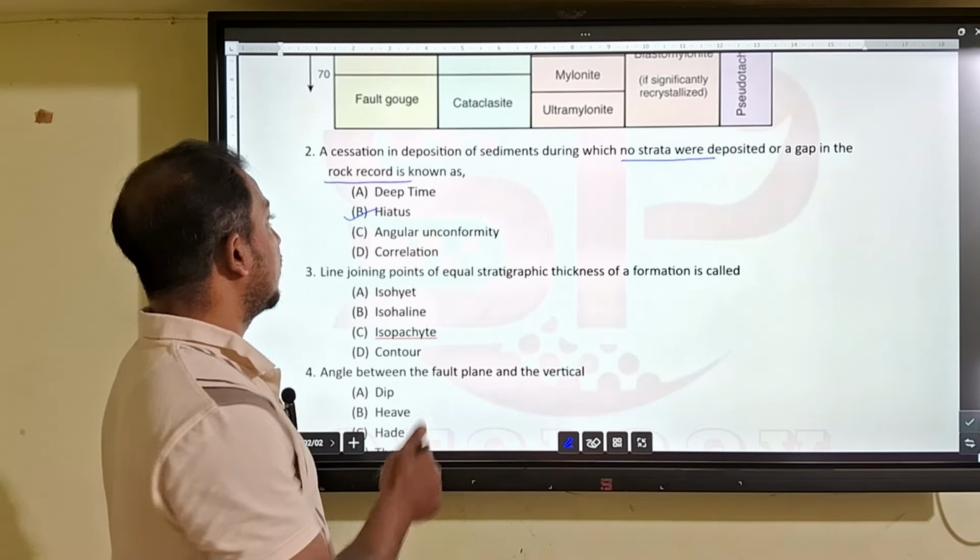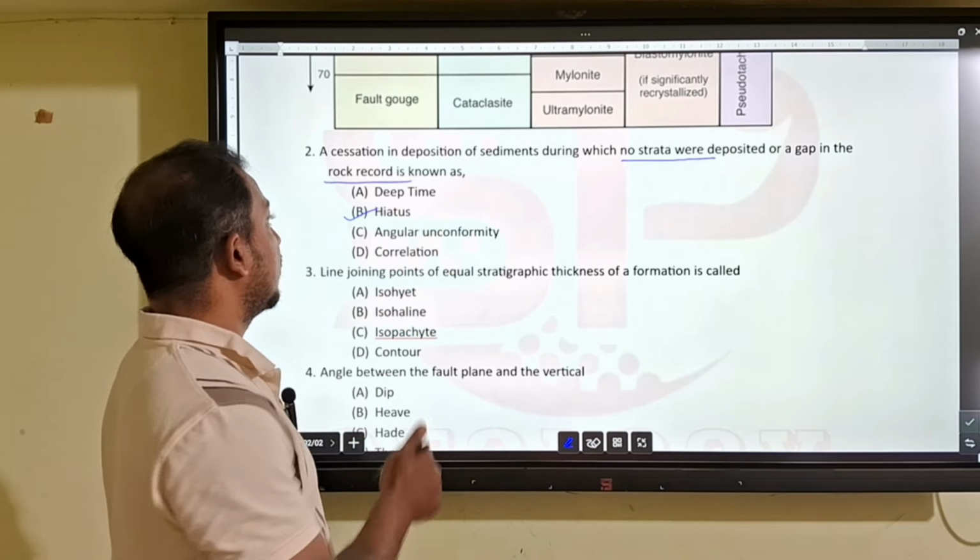Then, a line joining points of equal stratigraphic thickness, what do we call it? Isohyet indicates equal rainfall. Isohaline indicates equal salinity.